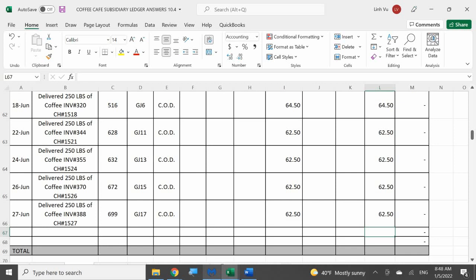It was COD for $62.50, and we paid with check number 1527 for $62.50. So therefore, we owe Freightline nothing, but once again, this is a paper trail to ensure that we made the payment to this particular bill.